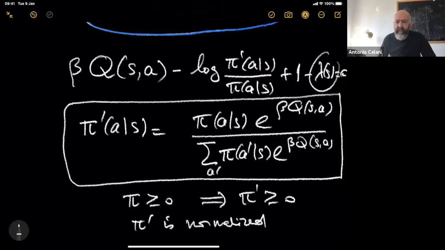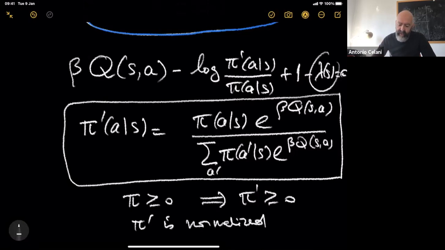So in this case, you see that we don't need to make any projection. If you make one step, if we start with a policy which is within the admissible range, the next one will still be in. There's no risk of going outside the domain. This is a property of the Kullback-Leibler divergence. First remark.